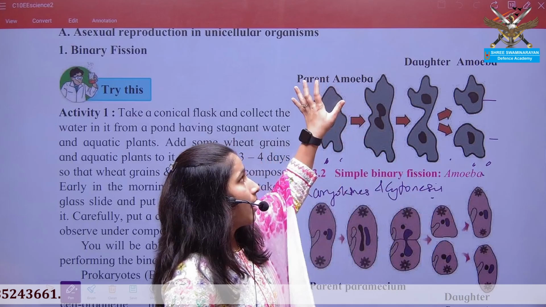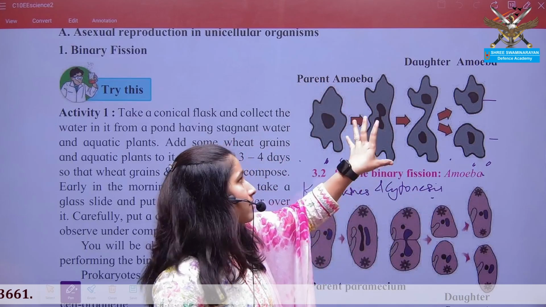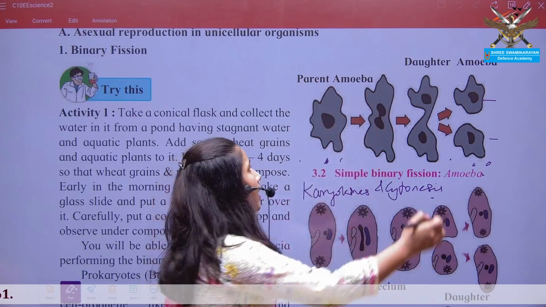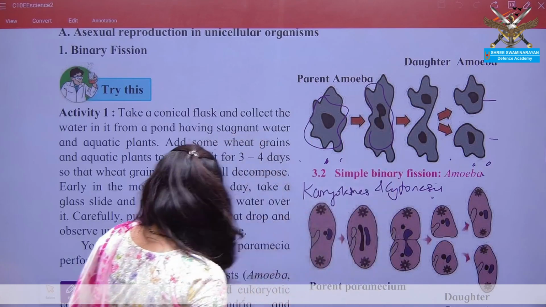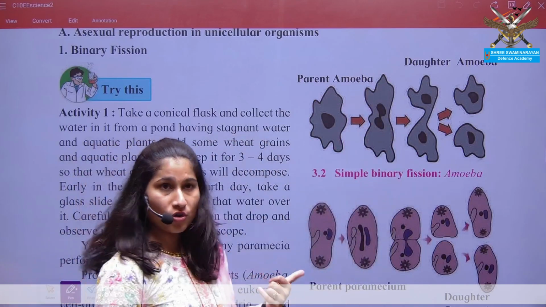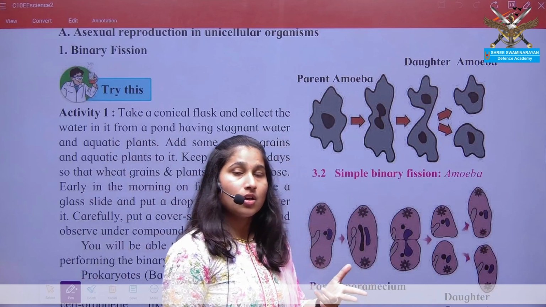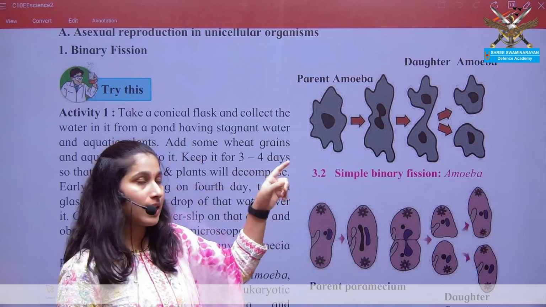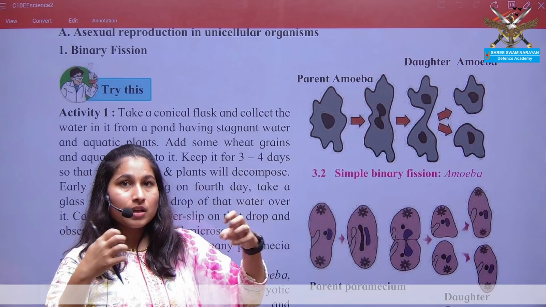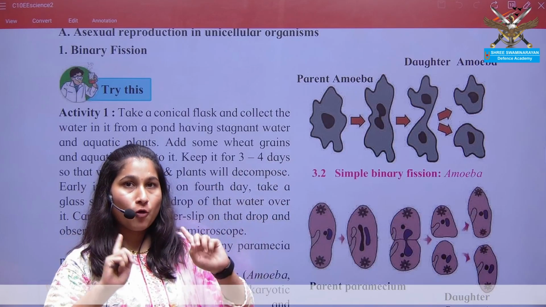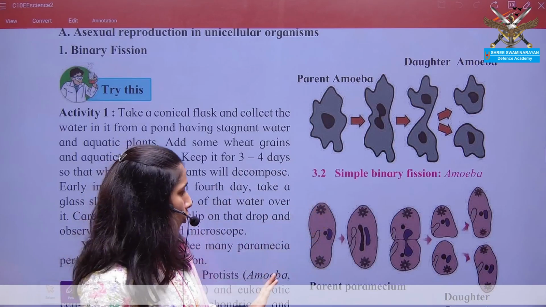As the morphological structure of this amoeba is abrupt, the shape and size are of different kinds. They do not have their own shape, size, or locomotor structure. It is just a single cell. That's why it divides the nuclear and cytoplasmic content, and from one, two cells are formed.